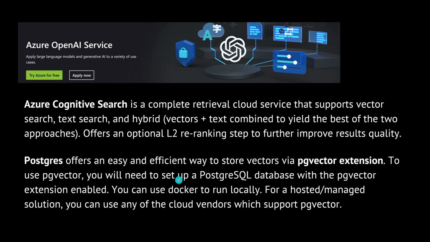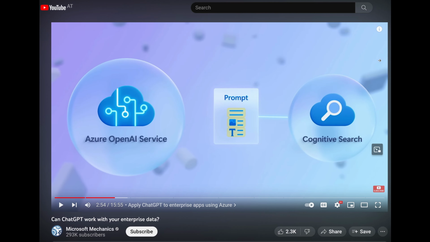You can also run this using Docker, or you have a hosted managed solution in the cloud vendors. So if you look for a complete solution that is really, I would say, for the high performance enterprise sector, Azure might be one of the providers you might look at.